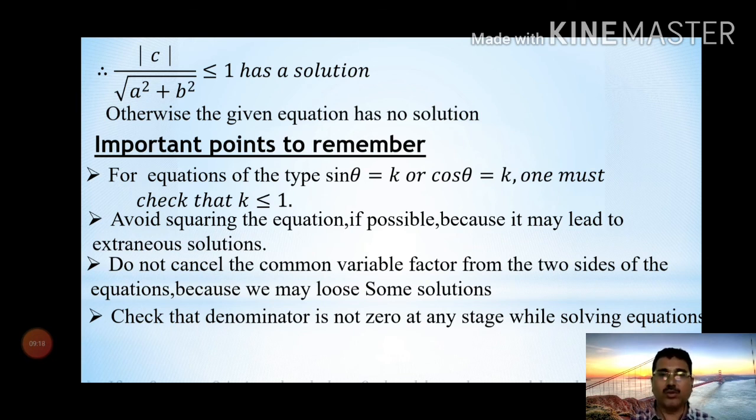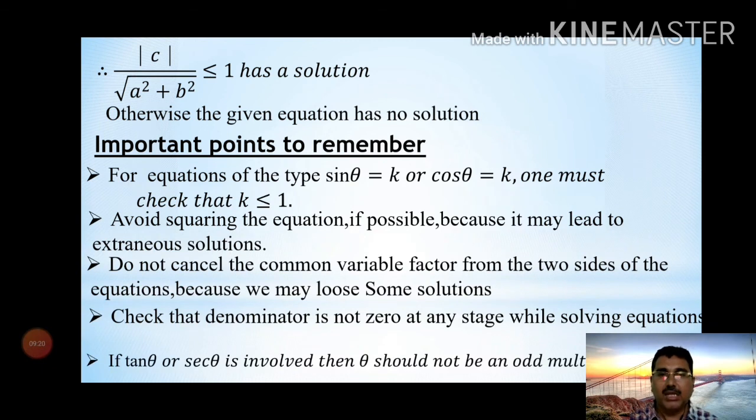Now go to the fifth point. If theta is an odd multiple of pi by 2, then an equation involving either tan theta or secant theta is not defined.